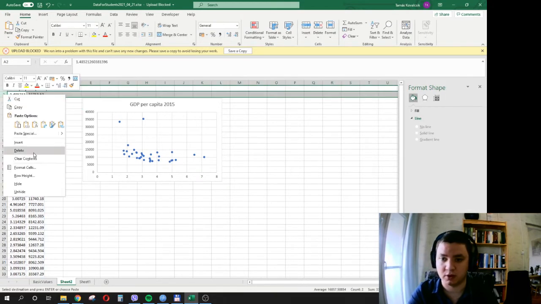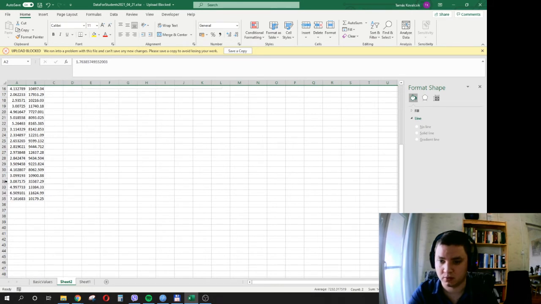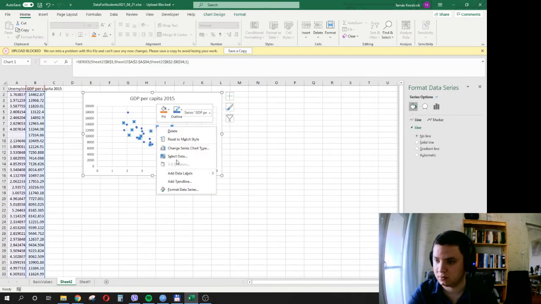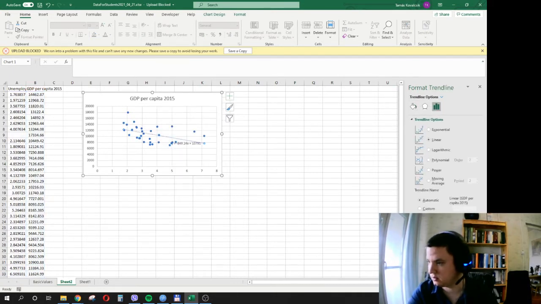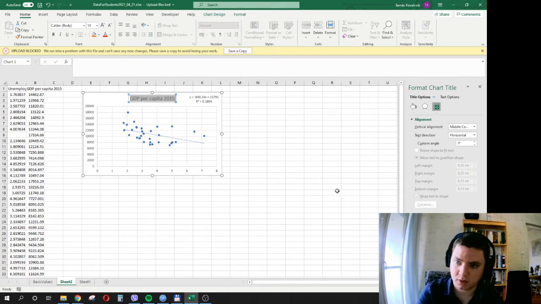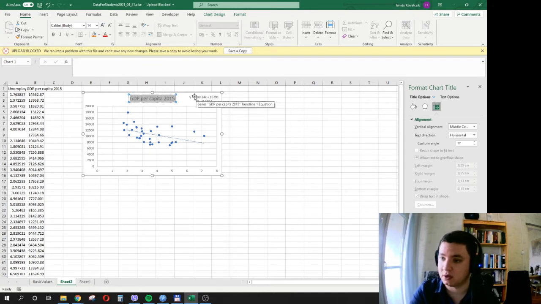But we should delete the outliers, then add the trend line, the R square, and the equation. And in this case we have a negative B0, so we have a negative relationship between the unemployment rate and the GDP per capita.